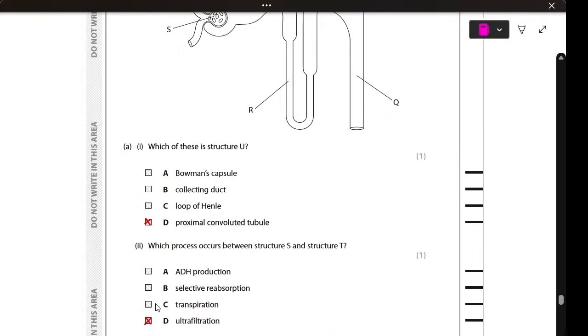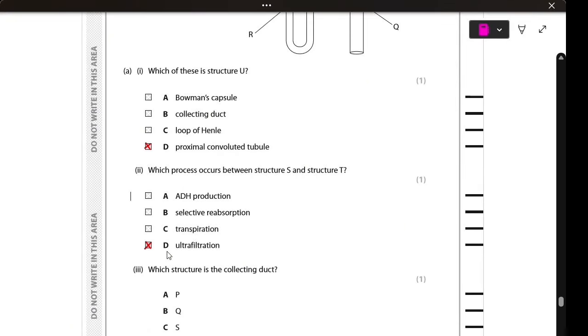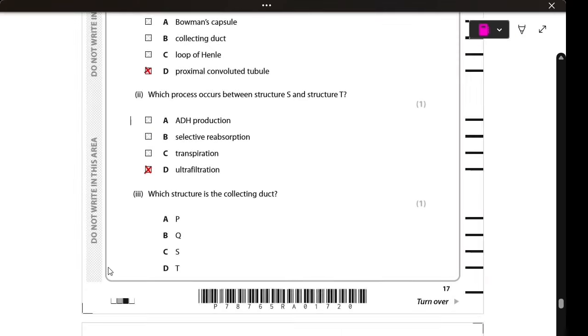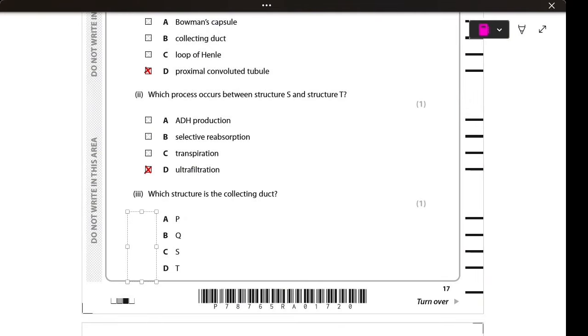So our answer is T. Which structure is the collecting duct? The collecting duct is this part, which is our labelled structure Q. So Q is option B.